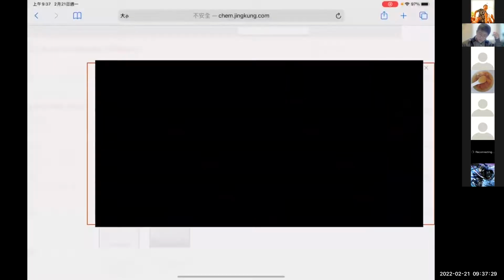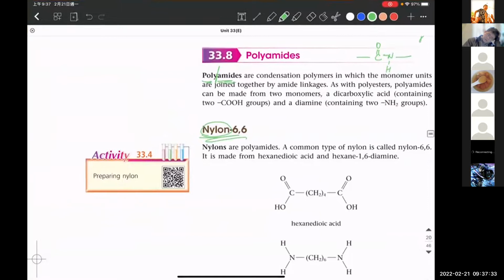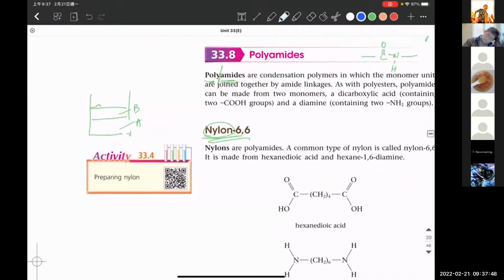So a very simple experiment. The making of nylon is by having two layers, one with reactant A, one with reactant B, and when the two solutions meet at the junction, it is the production of nylon.